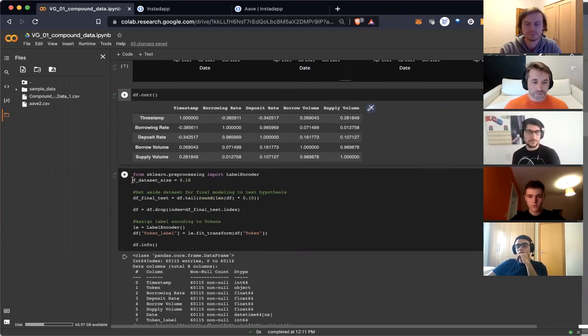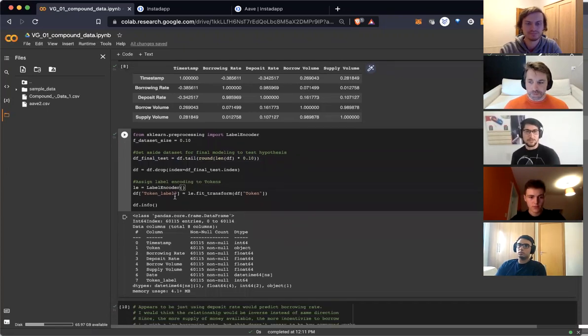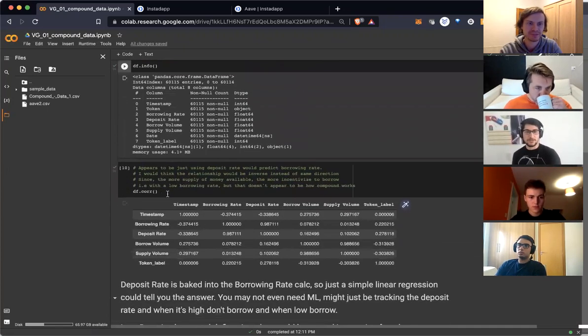So the first step was taking out 10% for the final test of the model. Then I take the last 10% so that there's some time availability in the testing set. And then I create a label.